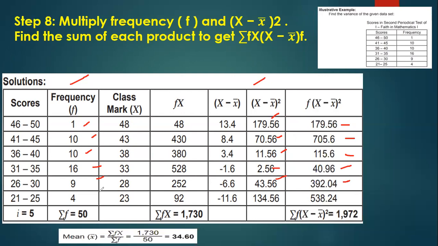Then 4 times 134.56, the answer is 538.24.